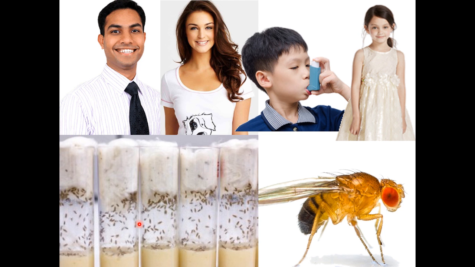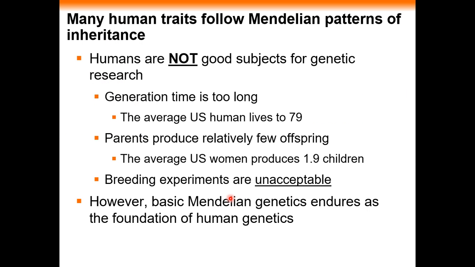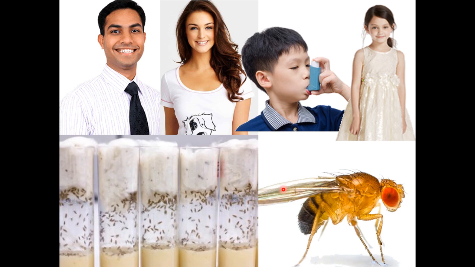We watched how different flies passed on certain wing types and color and red eyes and white eyes and so forth. So while it's not ethical to do breeding experiments, that's just a crappy thing to do, right? But regardless, the genetics of what we get from fruit flies and pea plants, we can actually use to get some really important human information.